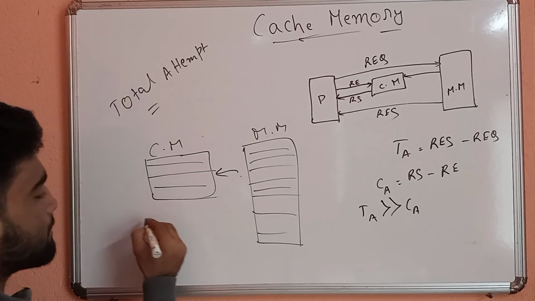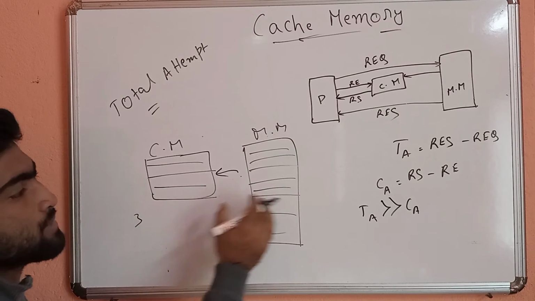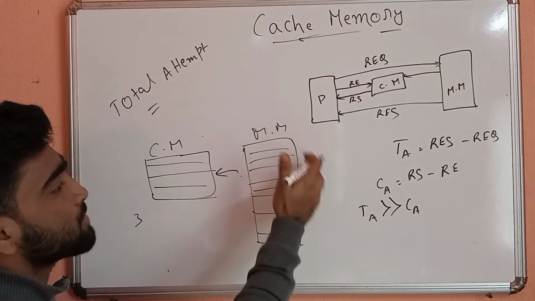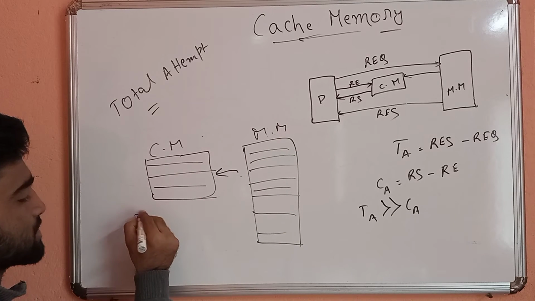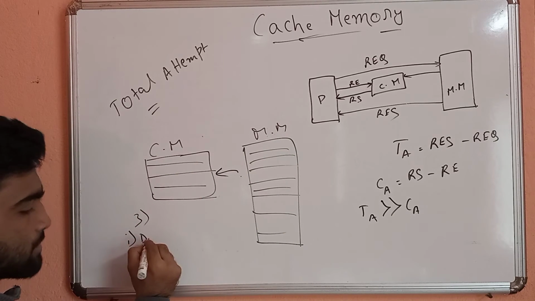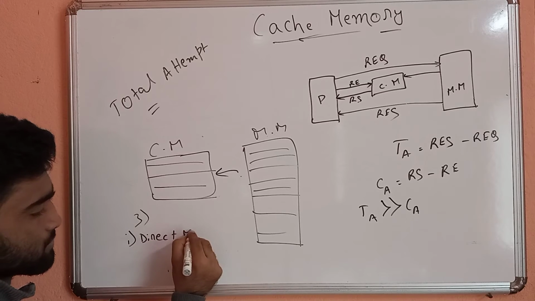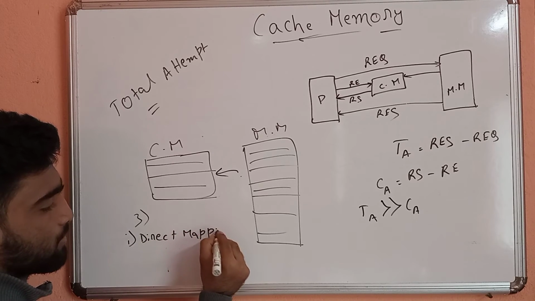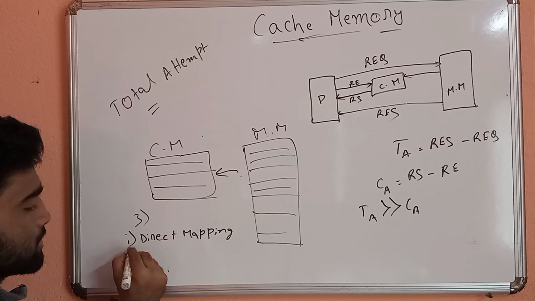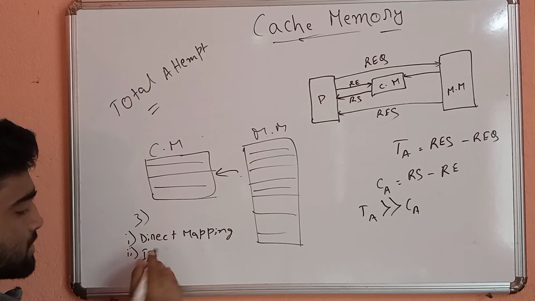So there are three mapping techniques by which we can map the contents of main memory to the cache memory. Number one is direct mapping. Another one is associative mapping.